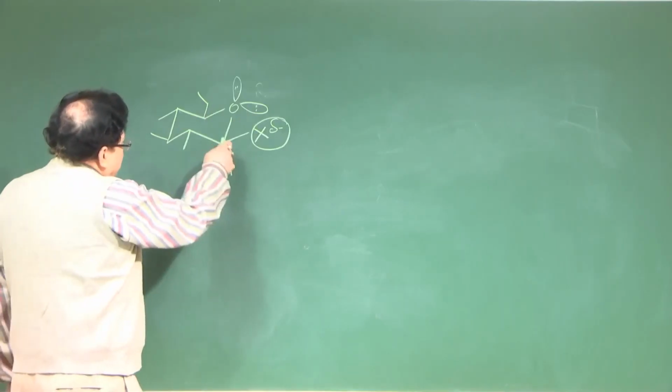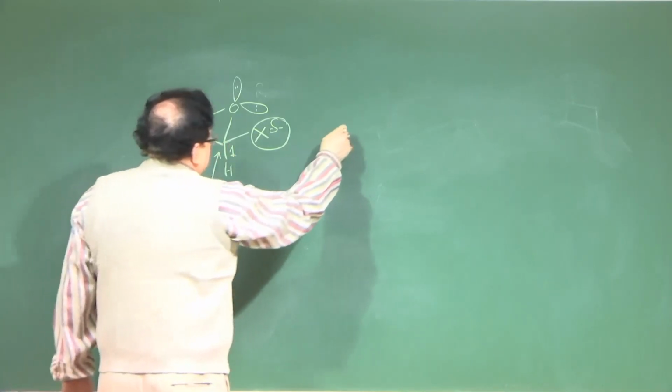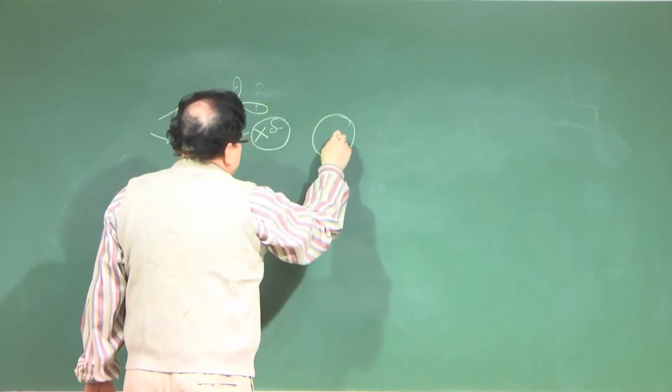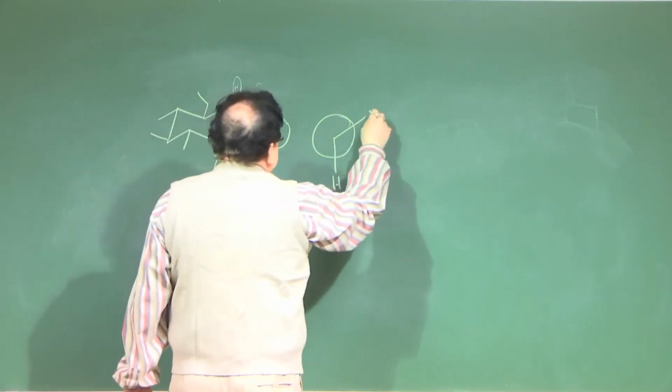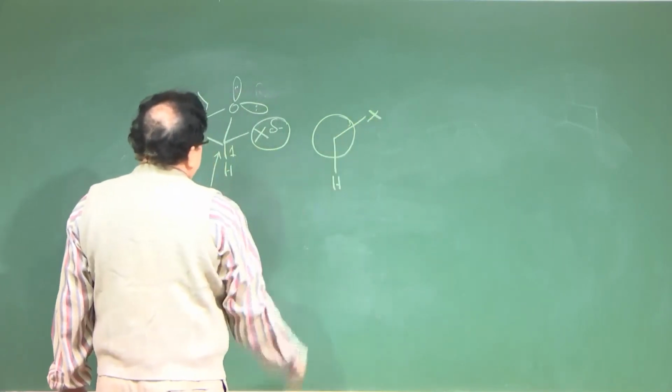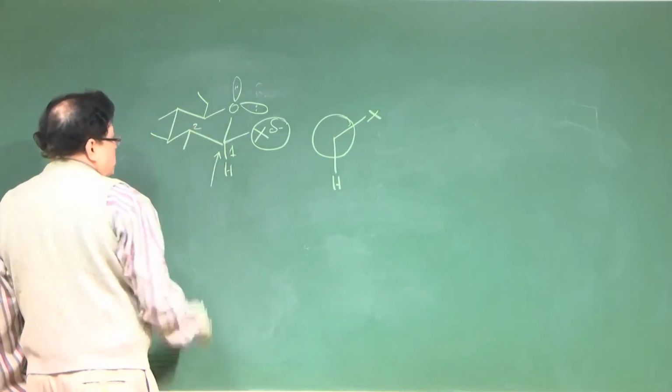That means, if you draw a Newman projection along the C1 carbon, how does it look? So, this is C1. Your hydrogen is at the bottom, then you have X, and then this is your 6, this is your number 2 carbon.